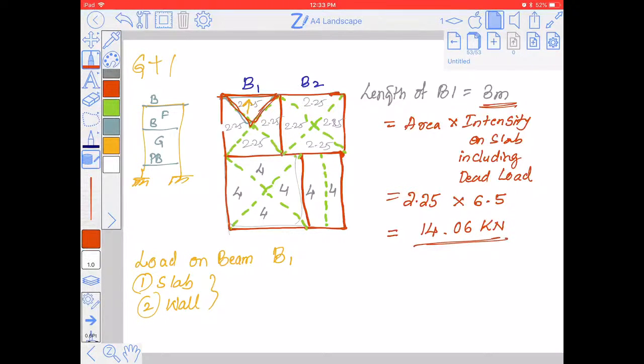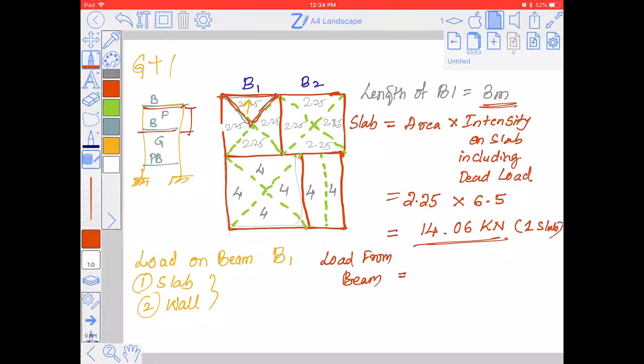So this is due to how much? One slab. This is due to one slab, right? There are 2 slabs, 1 and 2, right? Am I right? This is load from the slab, and again I need to find out load from the wall on the beam.